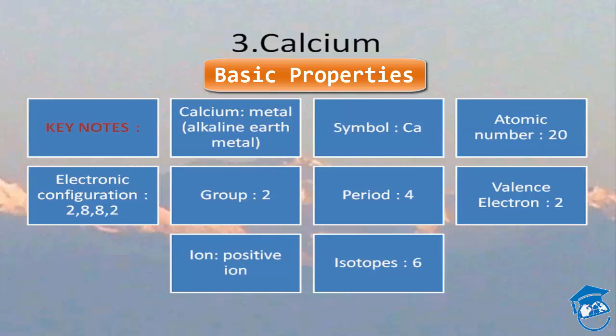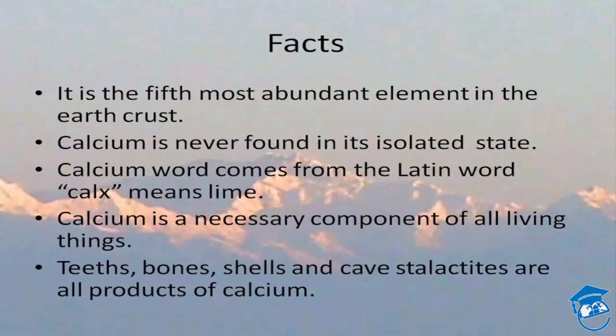It has 6 isotopes: 5 stable isotopes and 1 more that has such a long half-life it can be considered stable for many purposes, as the 20% range in relative mass among naturally occurring calcium isotopes is greater than that of any element other than hydrogen and helium. Other facts which we can note down: it is the 5th most abundant element in the earth's crust by mass, and it can never be found in the isolated state.